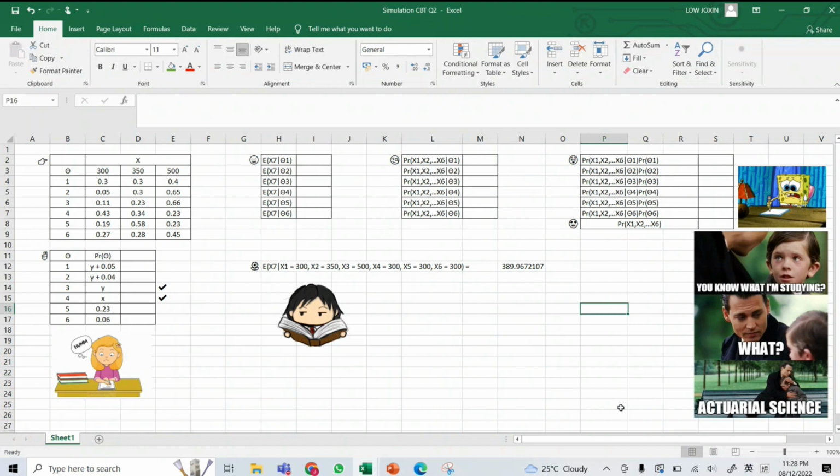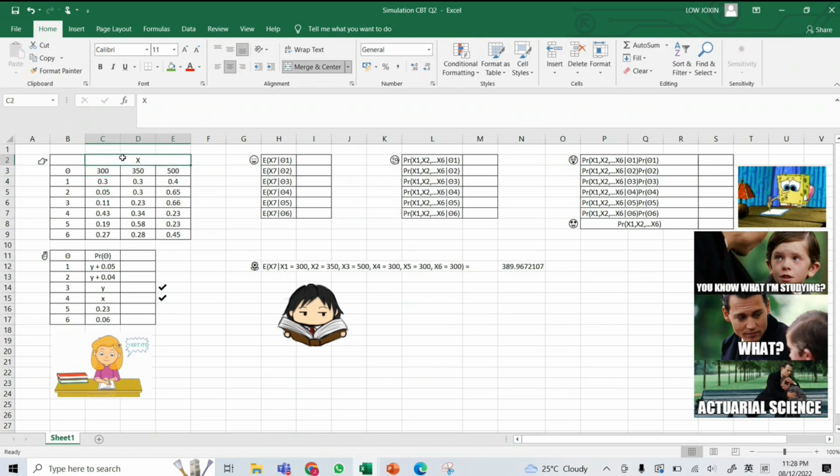Now we are going to talk about simulation and credibility theory CBT question 2. Given by the question, this is the probability of x equals 300, 350 and 500 given theta equals 1 to 6. For example, the probability of x equals 300 given theta equals 1 is 0.3.